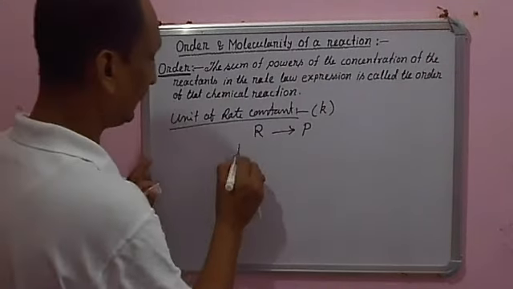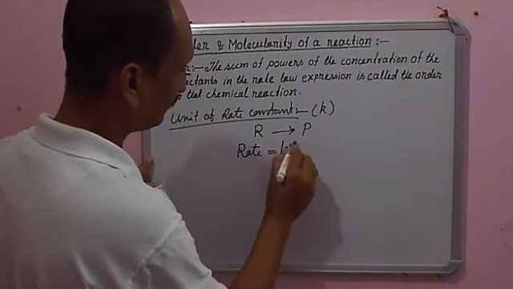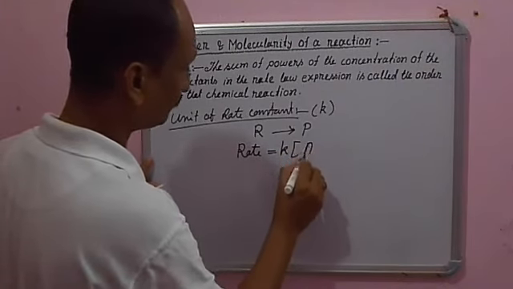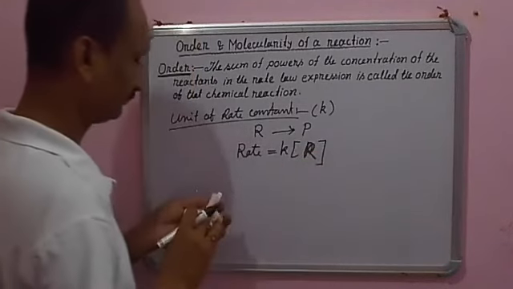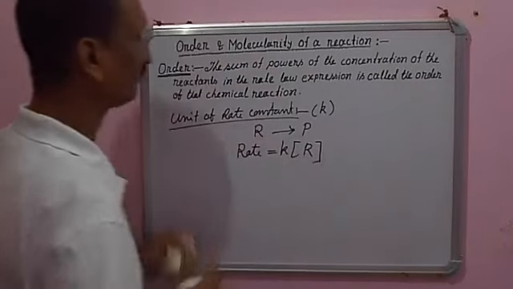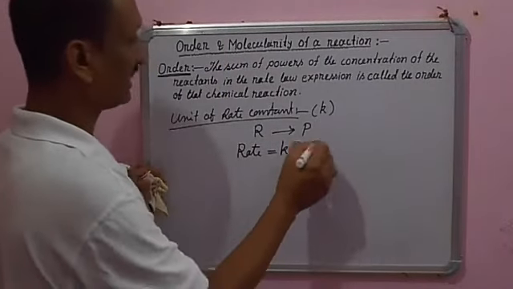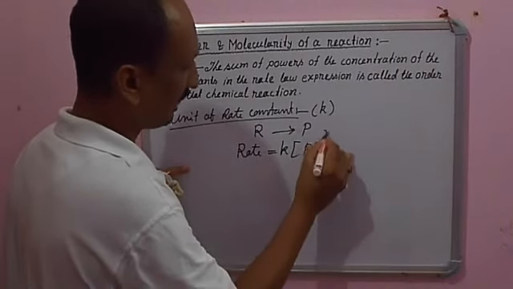In that case the rate will be expressed as K concentration of R raised to some power, that is N.